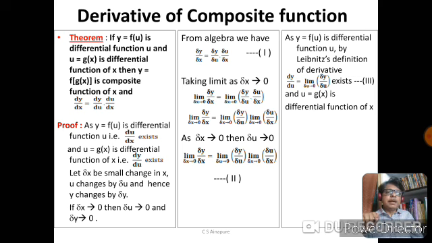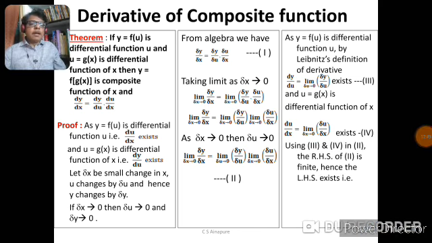Secondly, given that u is equal to g of x is a differentiable function of x, then this du by dx exists, and by Leibniz definition its value is limit delta x tends to 0 of delta u by delta x, and it exists. Now, using equations 3 and 4 in equation 2, see what happens. Now, you can see equations 3, 4 and 2 together on the screen.